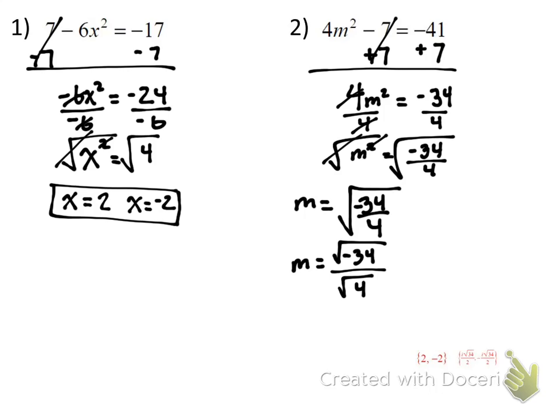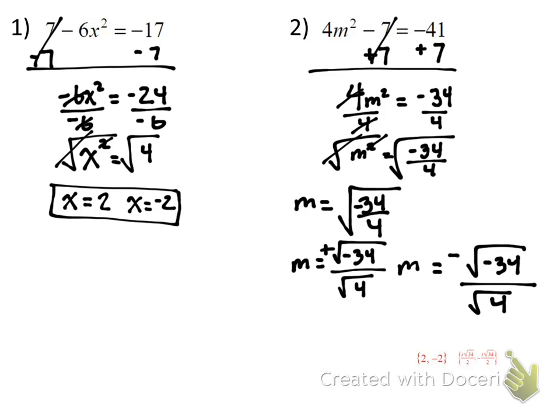Oh, by the way, there's two answers here. It's supposed to be m is equal to positive and m is equal to a negative, right? Remember, taking a square root, we got two answers, positive and negative.